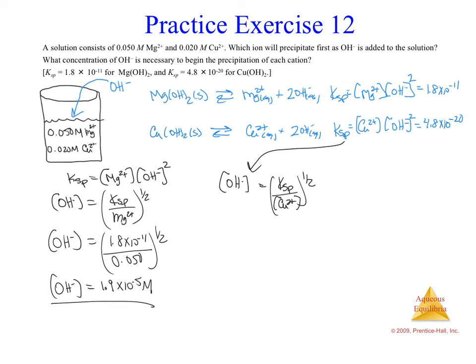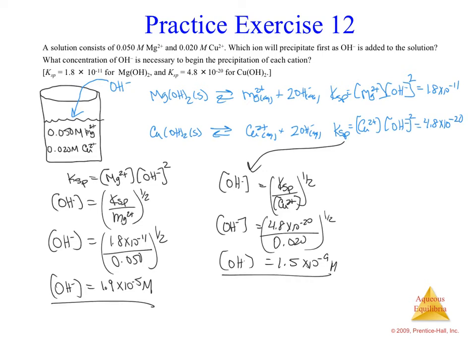Make sure you can get that on your calculator. And for the copper 2 hydroxide, the KSP is given as 4.8 times 10 to the negative 20th, divided by the copper in this problem, 0.020, and the square root of that. I end up with 1.5 times 10 to the negative 9th molar.